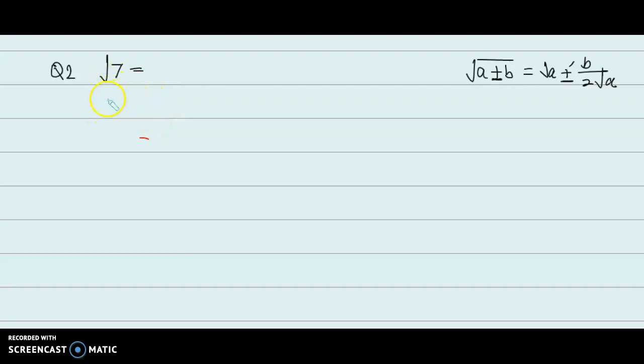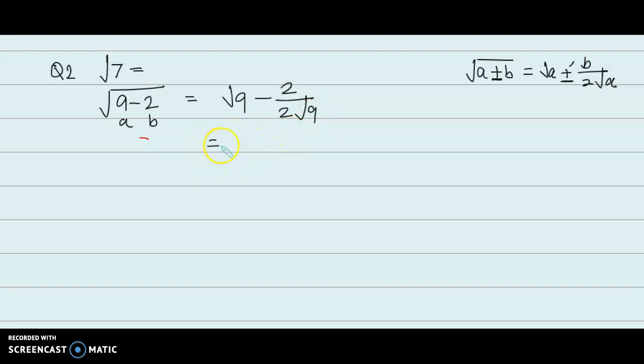Now root 7 can be written as root under 9 minus 2. That is a minus b. A is 9 and b is 2. So you can write root 9 minus b over 2 root 9, with b as 2.